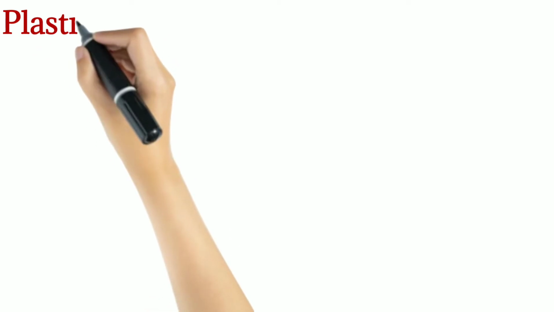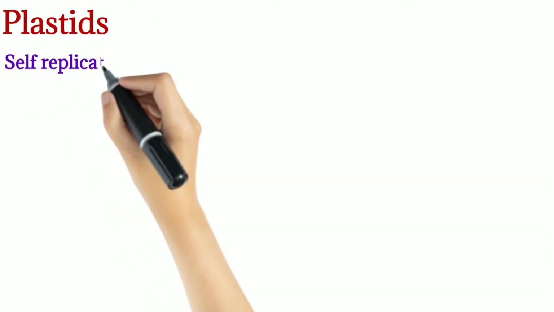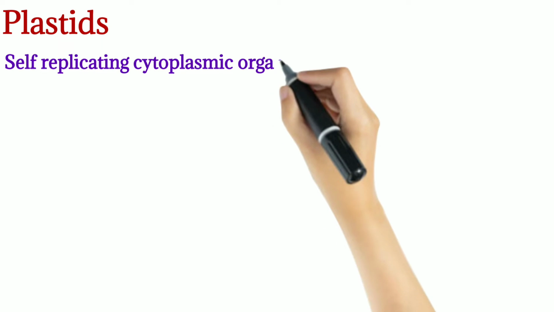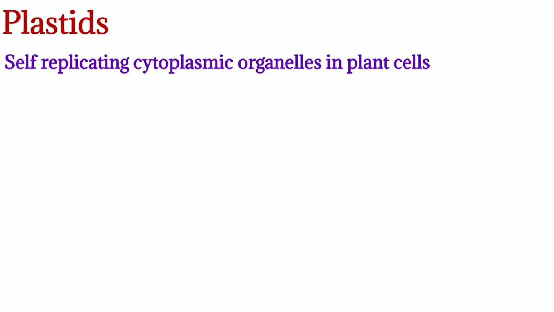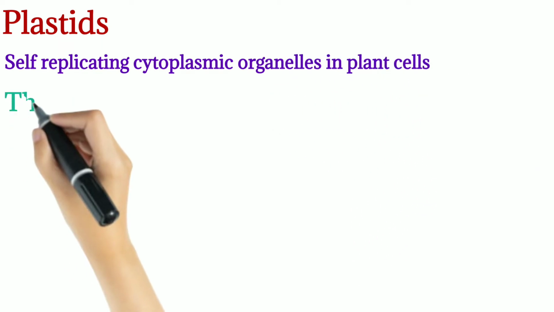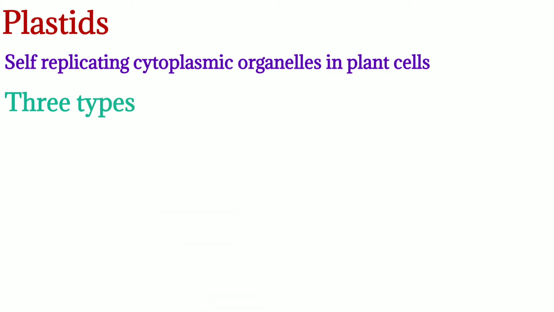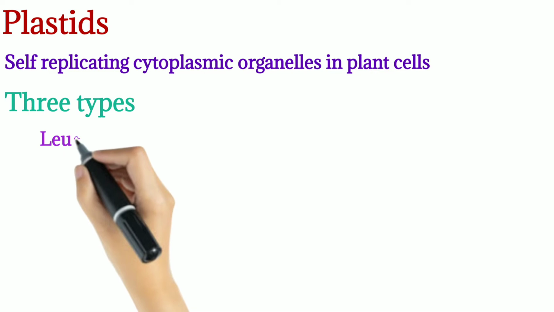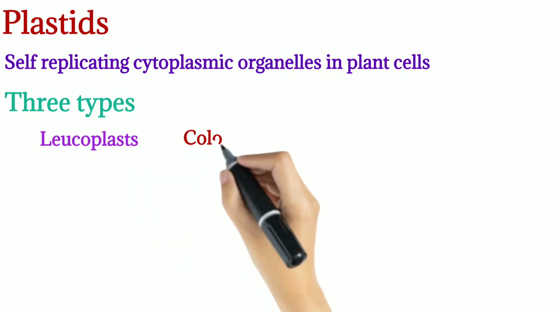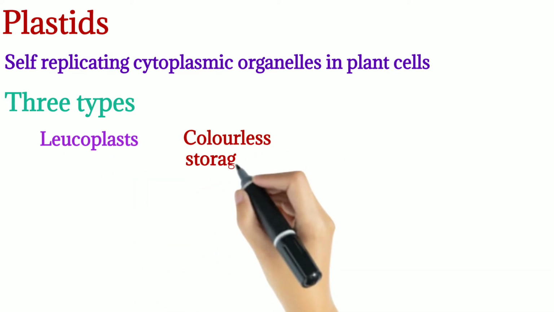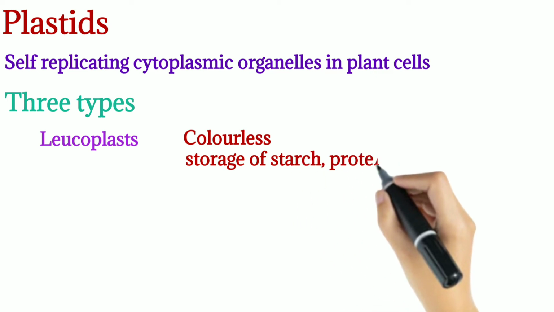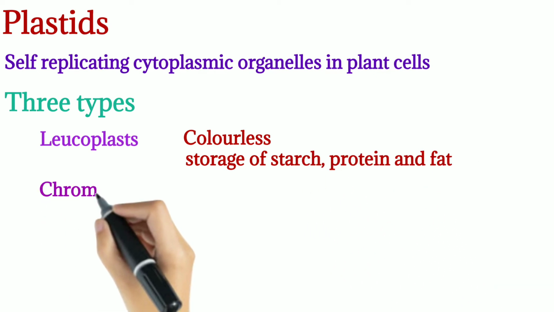The next organelle is plastids. Self-replicating cytoplasmic organelles in plant cells are called plastids. There are three types of plastids: leucoplasts, chromoplasts, chloroplasts. Leucoplasts are colorless and they help in storage of starch, protein and fats.